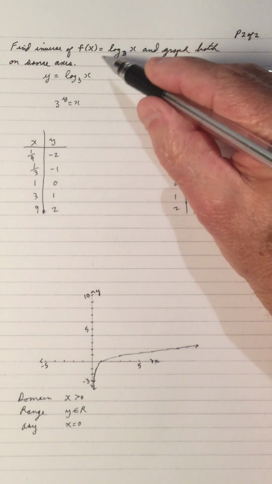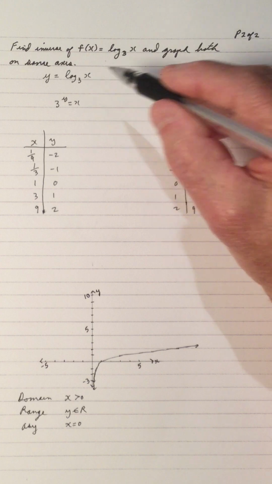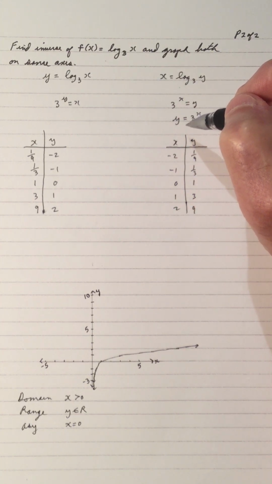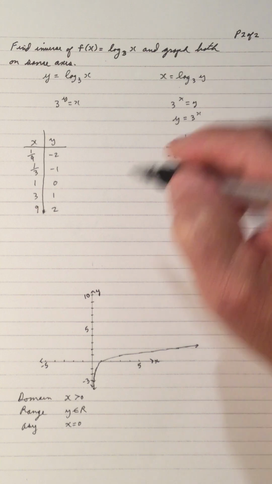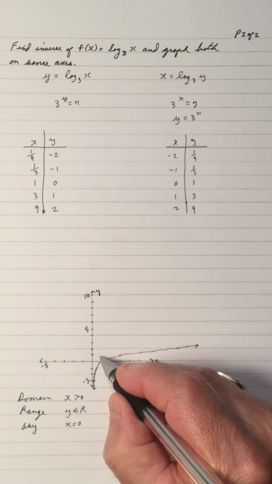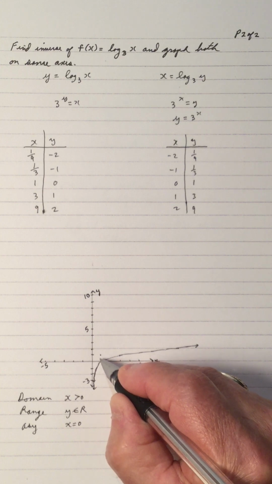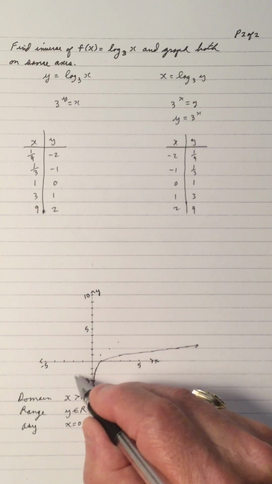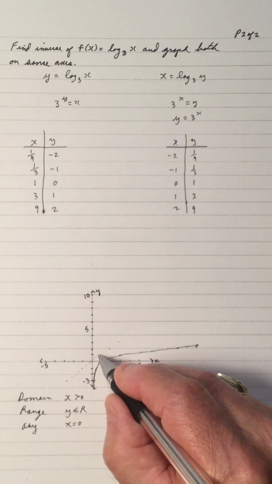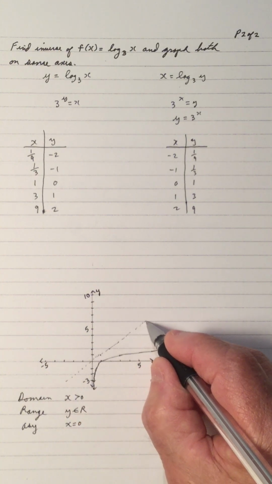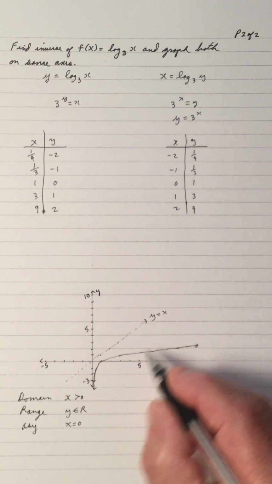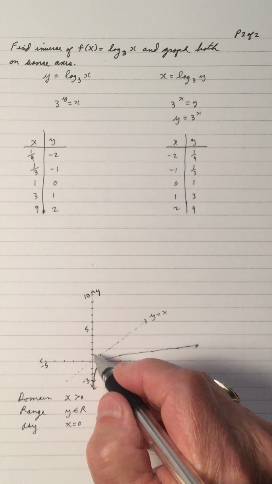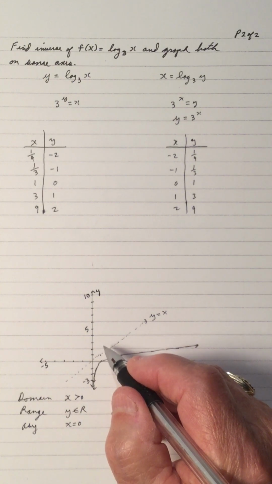The inverse of a log is an exponential, and they are reflections in the line y equals x. So when graphing, reflecting in the line y equals x, this is the line y equals x. When I reflect the logarithmic function in y equals x, I get an exponential function.